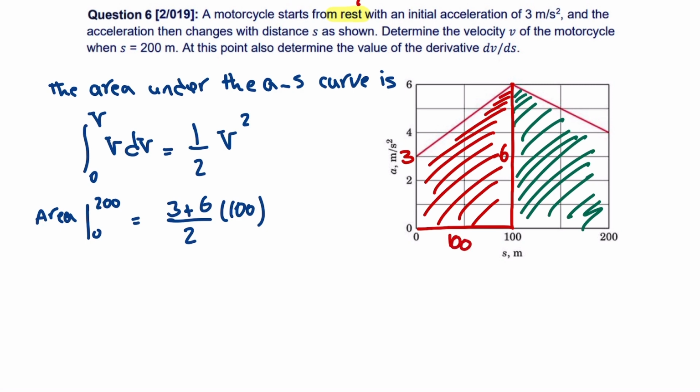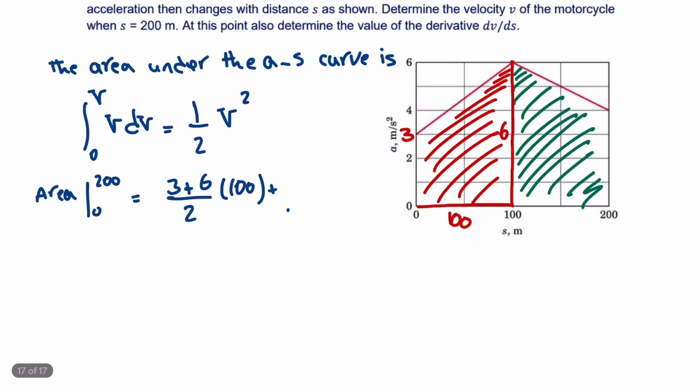And for the green area, you can do the same. You can pause the video and calculate on your own for practice. It is 6 plus 4 divided by 2 times 100, right?